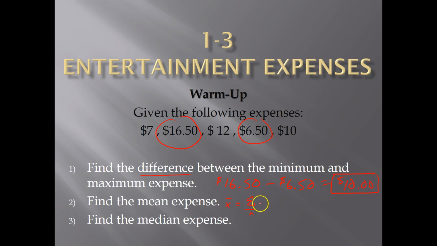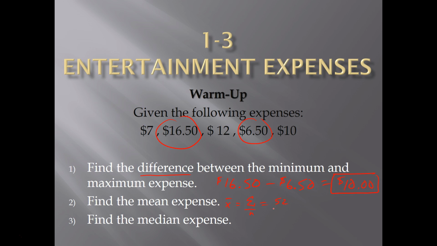For our mean, we want to add the 7 and the 16.50 and the 12 and the 6.50 and the 10 together, and we get a sum of 52.